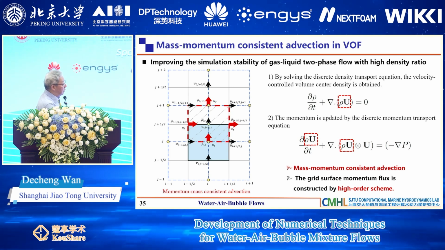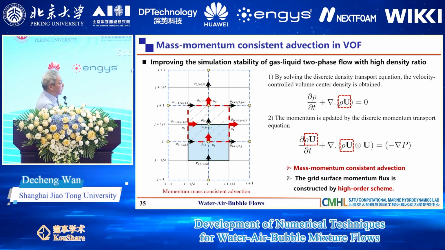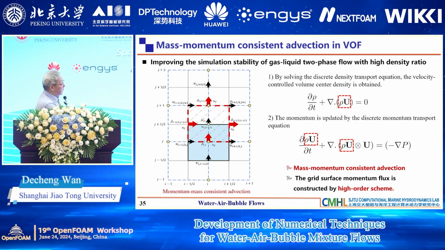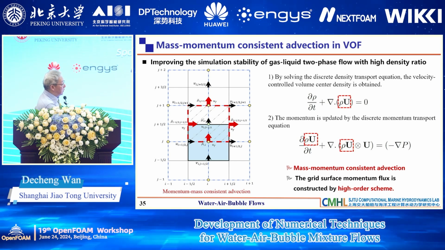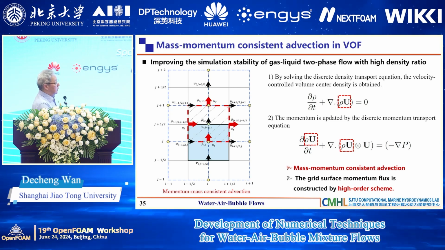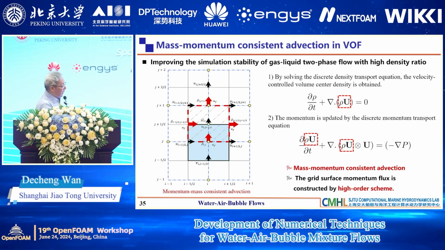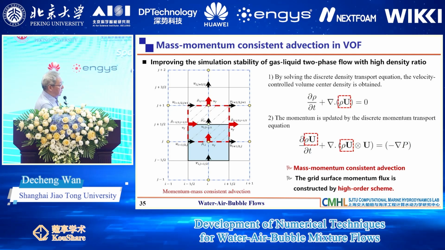We keep the rho and the u together as rho u. So we keep the mass equation and also the momentum equation. We use rho and u as the similar variables. So then we can keep the mass and momentum in consistent advection.